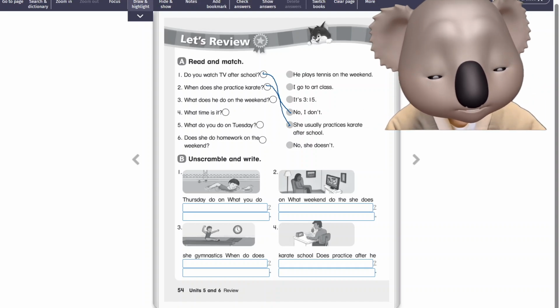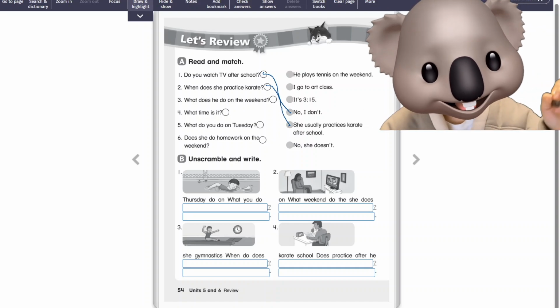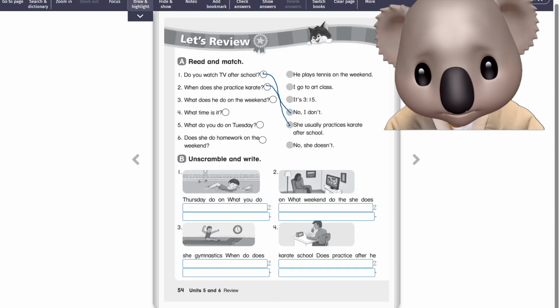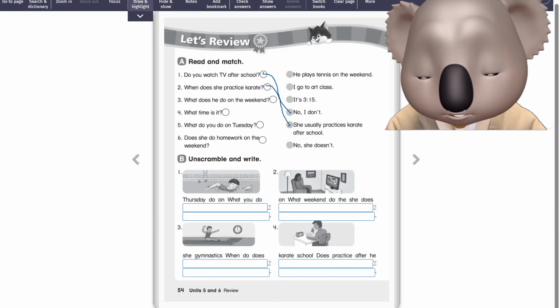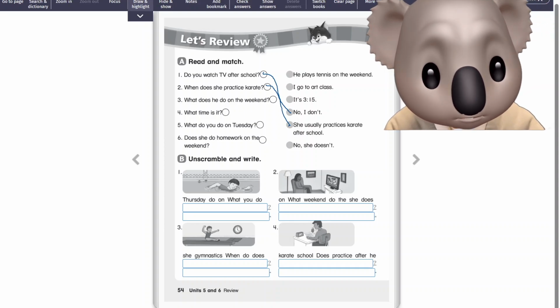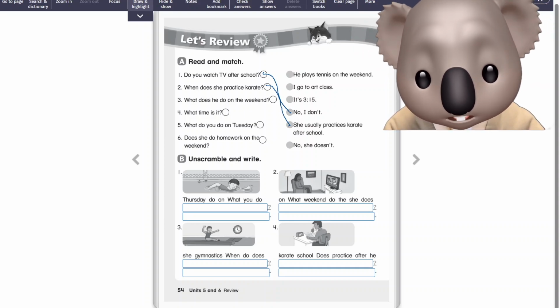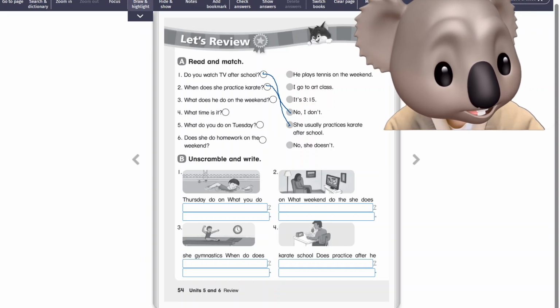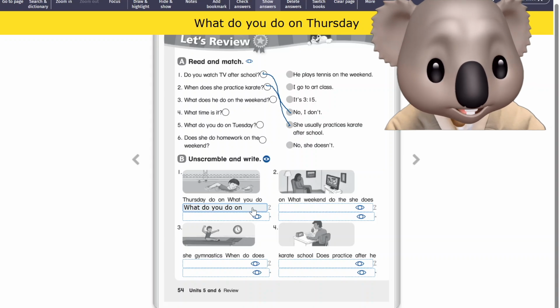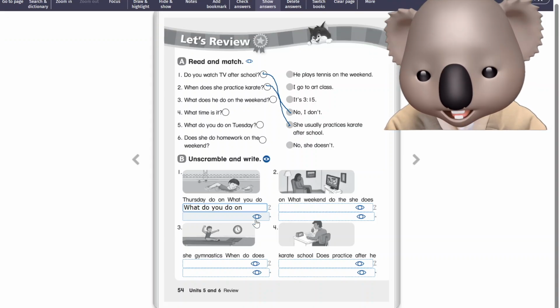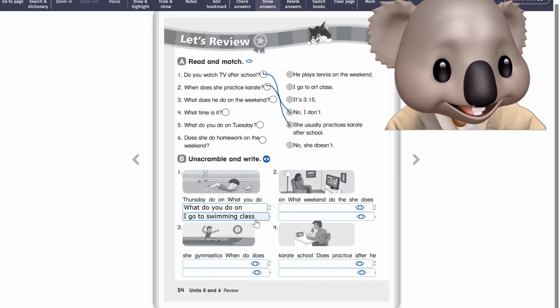In part B, we're going to unscramble and write. Number 1. Our question is, 너는 목요일에 뭐 해? What do you do on what day? Thursday. What do you do on Thursday? 목요일에는 나는 수영해. I go to swimming class.